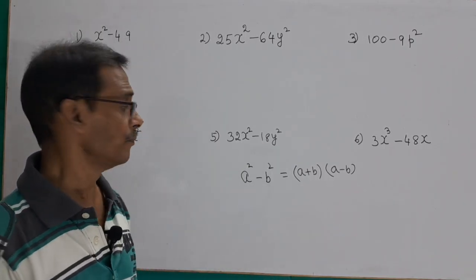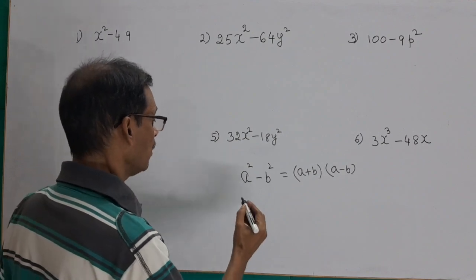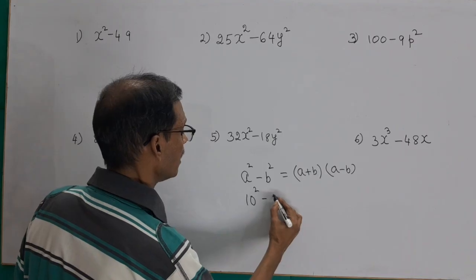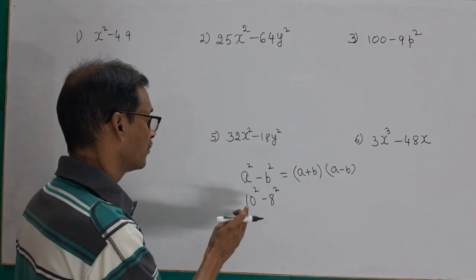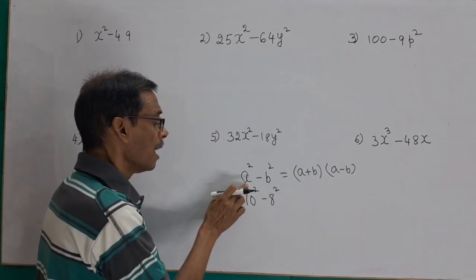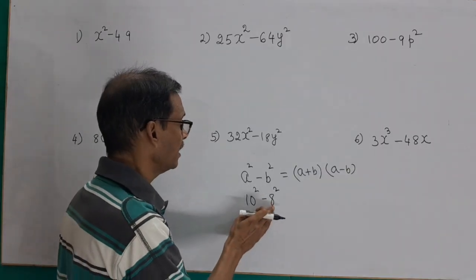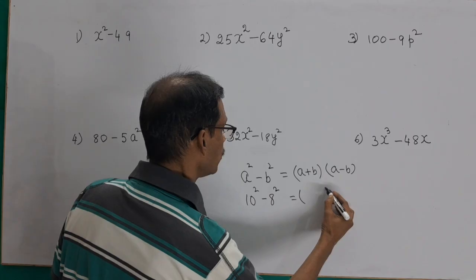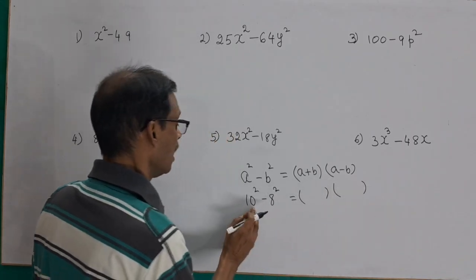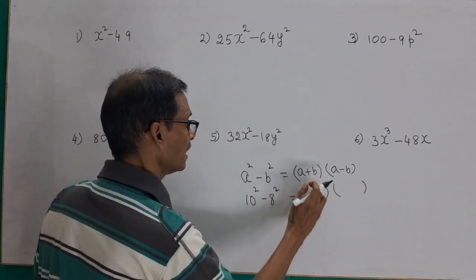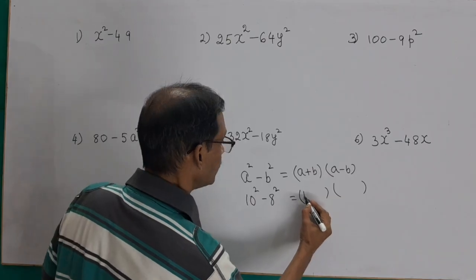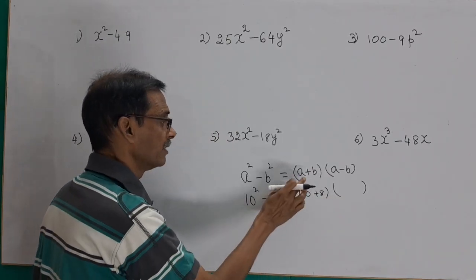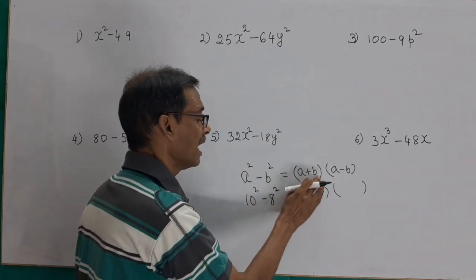What does it mean? That means if you are doing 10 square minus 8 square, you can treat 10 as mapping to a and 8 mapping to b. So, identity means it will follow the same thing. 10 plus 8, because 10 we are treating as a and 8 as b.